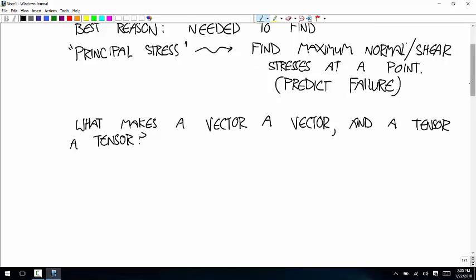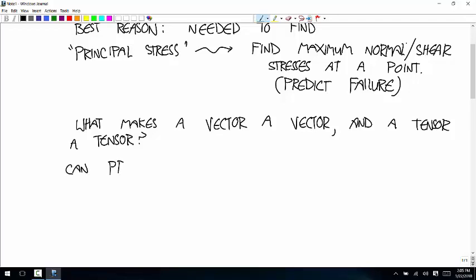So what defines a vector or a tensor is you don't have to take measurements in different coordinate systems.